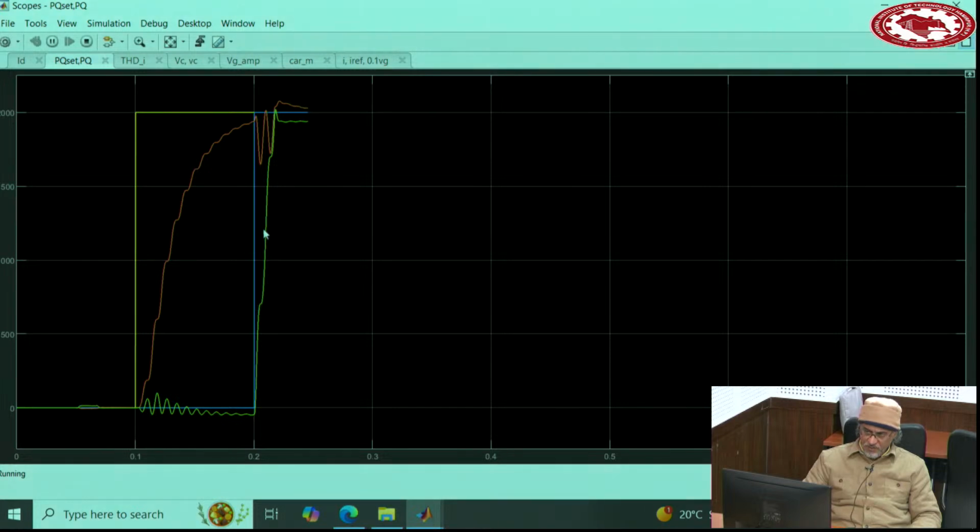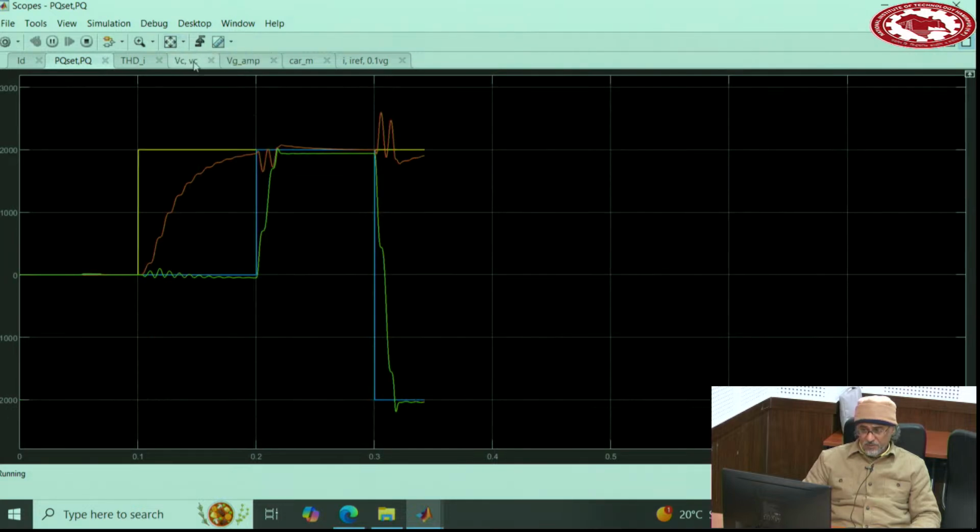And this is the reactive command and the reactive actual. So to 2 kilowatt. And then now reactive goes to negative 2 kilowatt. Very extreme sudden change. So it will cause an oscillation on the real power as well. Then go back to 0 for the reactive power.